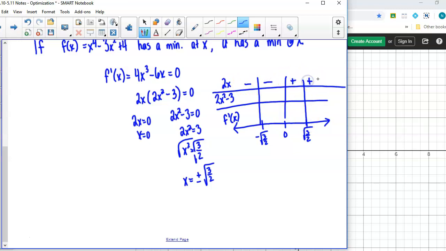It's positive for anything above 0. Negative square root of 3 halves, that's like negative square root of 1.5. So that's going to be smaller than 2. So like negative 2 I could plug in. If I plugged in negative 2, 2 times negative 2 squared minus 3. 2 times 4 minus 3, so 8 minus 3 gives us 5, which is positive.